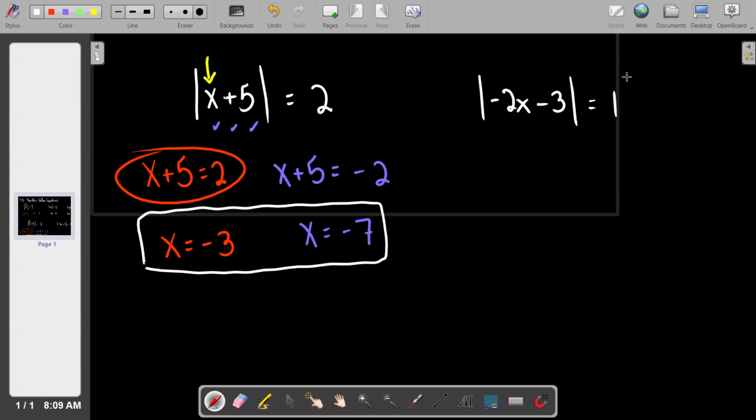The word split is going to be really handy for us, because what we find ourselves doing is splitting this unsolvable equation. That is not solvable, but it will produce two equations that are. So we're going to split into two. What's one of the equations that we'll create?